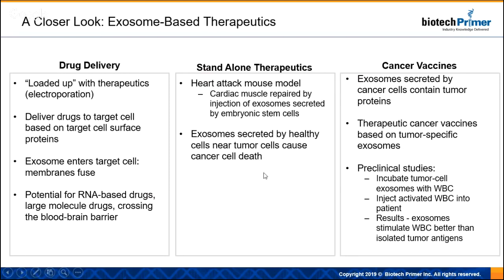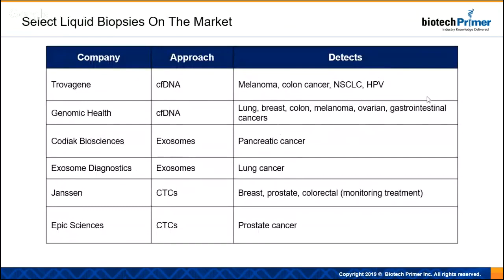So this might, again, have some therapeutic potential. And same idea here with cancer vaccines. Exosomes could potentially elicit a better immune response than tumor antigens or tumor DNA, which has had mixed success. And so this slide, again, shows many different liquid biopsies actually already on the market.